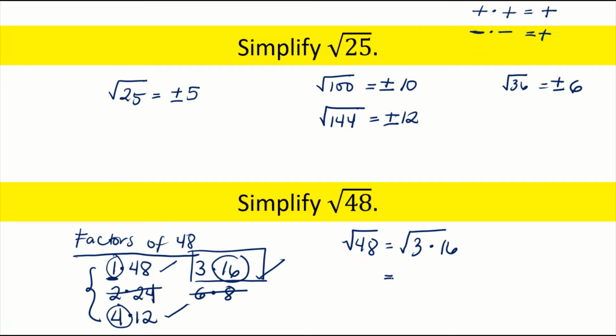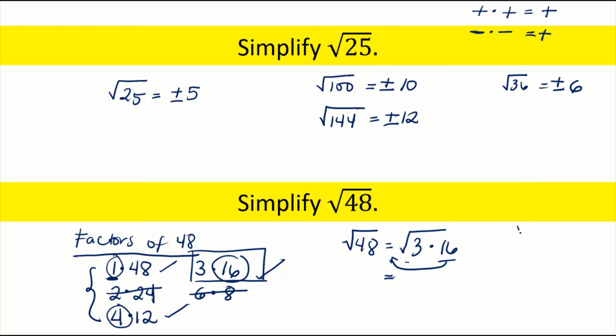Now that we have the factors of 48, we simplify by taking the perfect square number out of the radical sign. Here, with 3 and 16, the perfect square is 16, so we take 16 out of the radical sign. What is square root of 16?